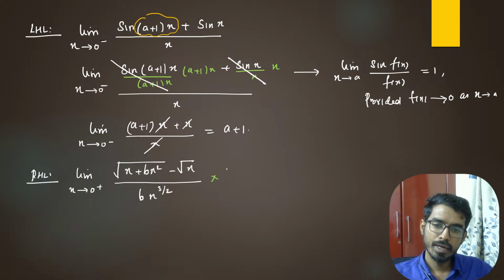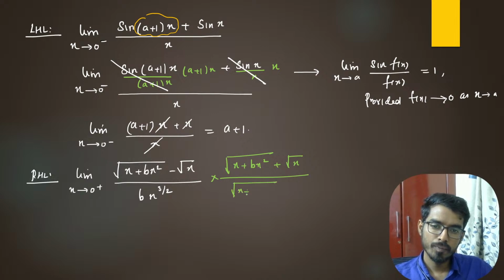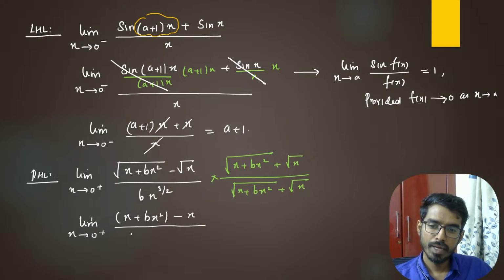Let us multiply and divide by root of x plus bx square plus root x. So the numerator is (a plus b)(a minus b), so it will be a square minus b square, divided by b into x power 3 by 2.